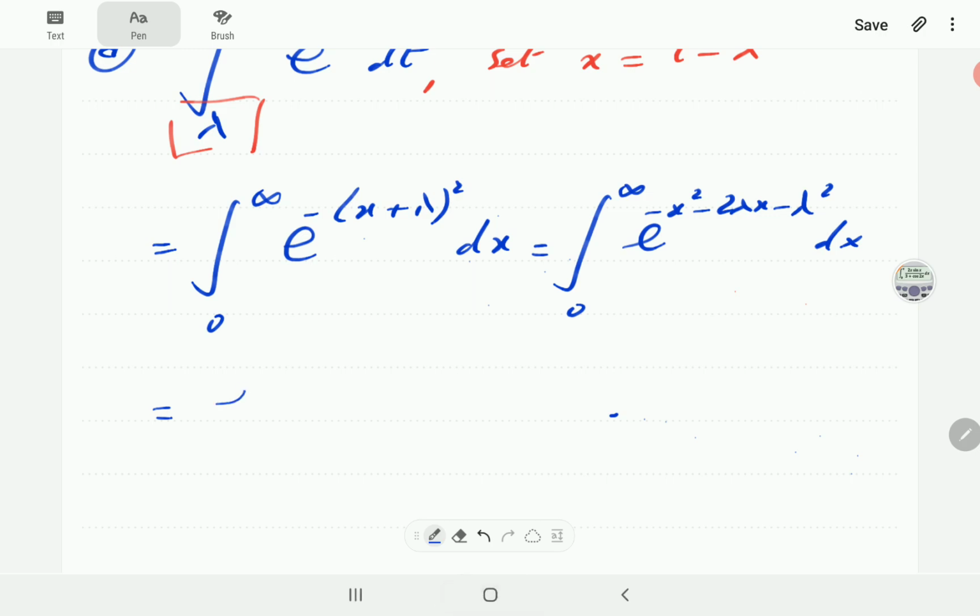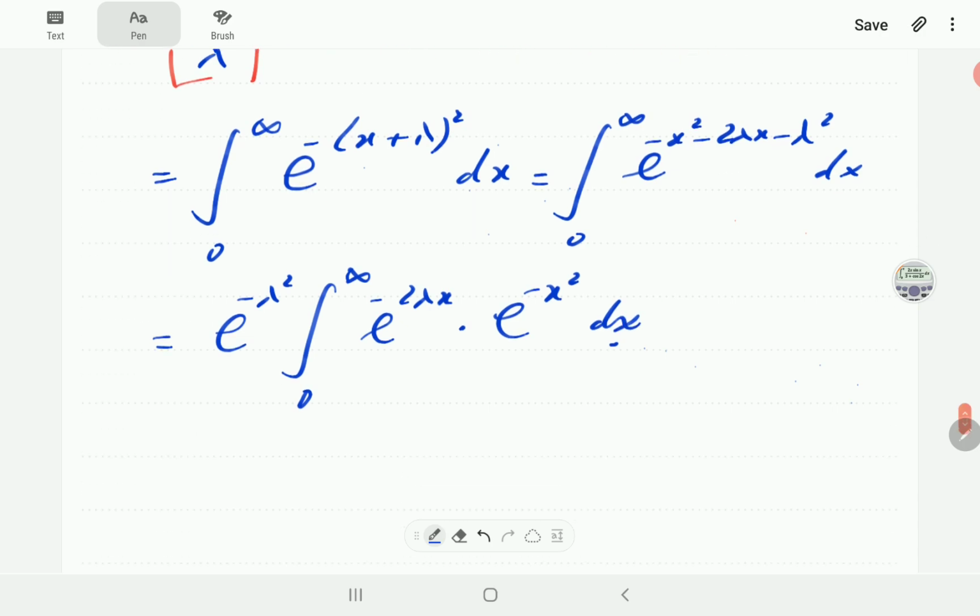Then e to the minus lambda squared is a constant, integral from 0 to infinity. This is going to be e to the minus 2 lambda x, and then e to the minus x squared dx. So this is now like our f of t, if you like.